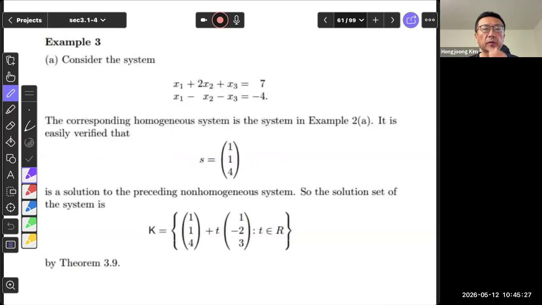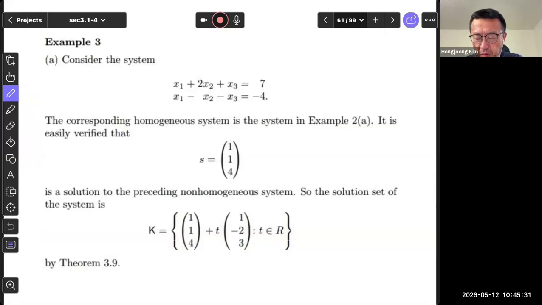Let us consider the following. To find this, previously we considered the homogeneous problem in example 2 a moment ago. And I will show how to find one particular solution of the non-homogeneous problem.